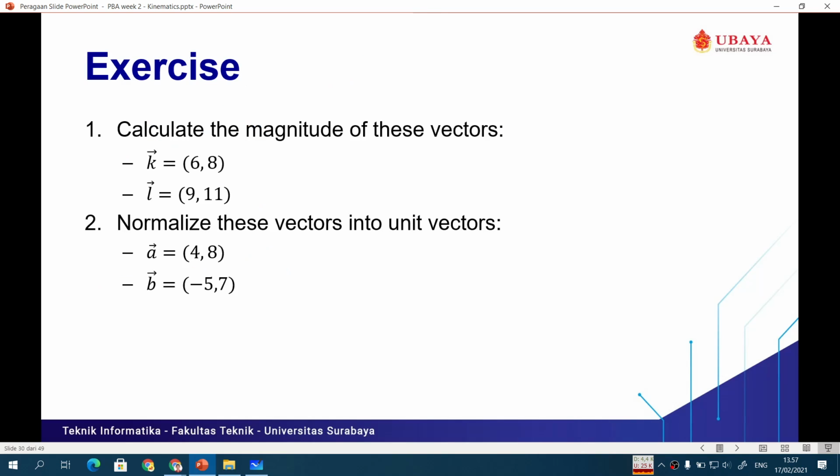Okay, so for exercise, let's do this simple math. Calculate the magnitude of these factors. I have factor k, 6 and 8, and then I have factor l, 9 and 11. Let's do the first calculation first.